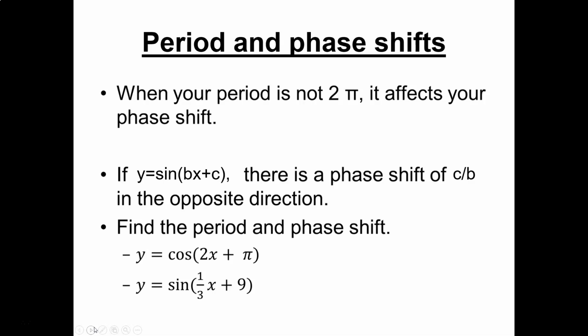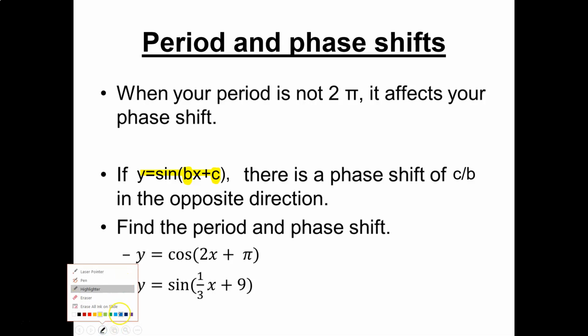All right. So when your period is not 2 pi, it affects your phase shift as well. Okay? So if you see, like we have here, if I switch to highlighter, if you have a number in front of your x and a number out here added or subtracted still inside of the parentheses, you've got a horizontal expansion or compression and a horizontal shift, and that is going to change your phase shift.